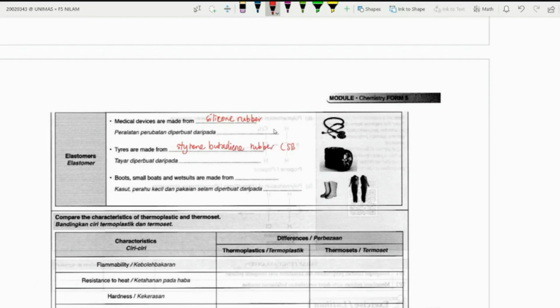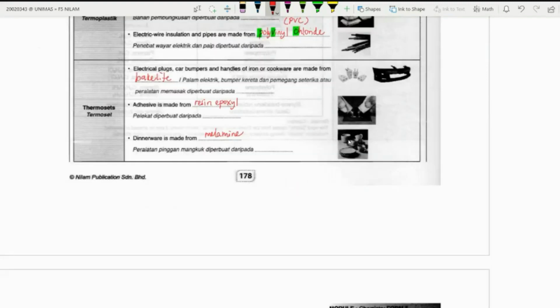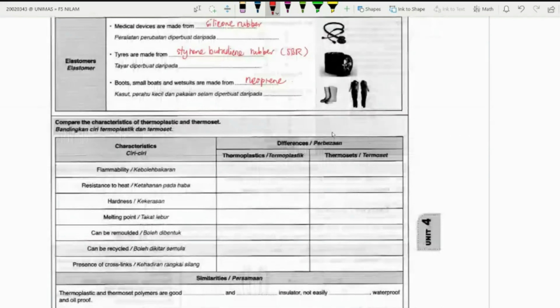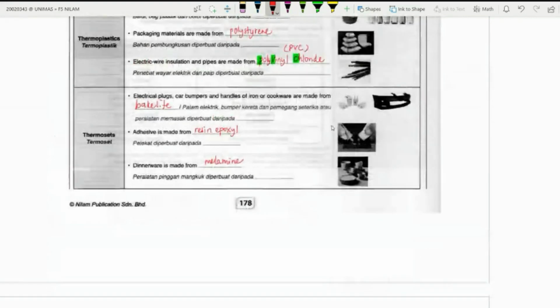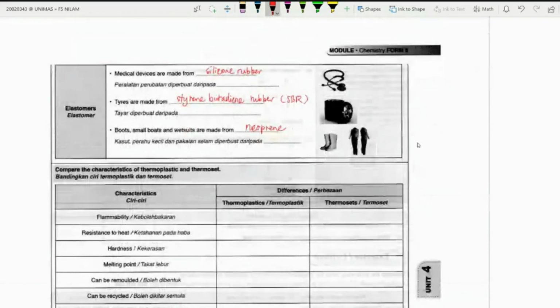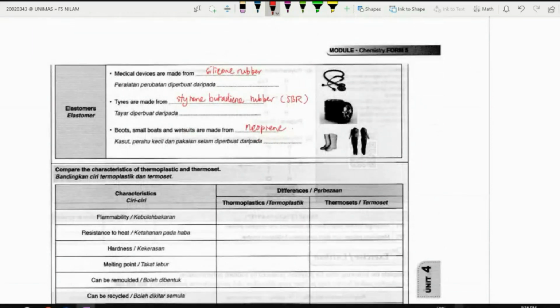Then boots, small boats, and wetsuits are made from what? Neoprene. So here I already mentioned it to you. It's a revision for you if your school already discussed this. Okay, class, so far? All this, no other way. We have to remember it, memorize.